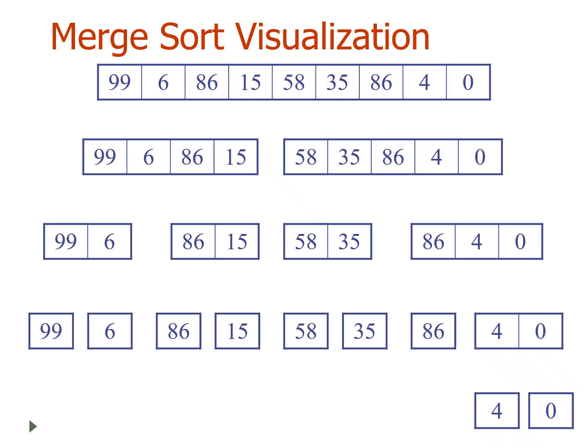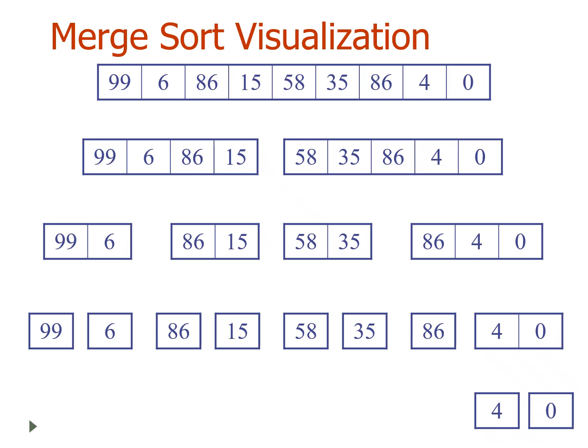So now I've split the input array into 9 arrays, each of size 1. I got 99 alone, 6 alone, 86 alone, 15 alone, 58 alone, 35 alone, 86 alone, 4 alone, 0 alone. All this, as you notice, is just divisions.